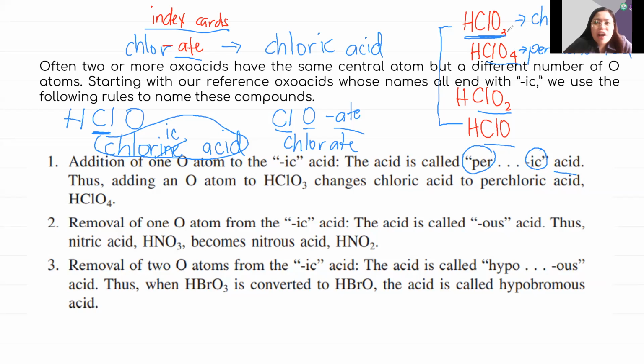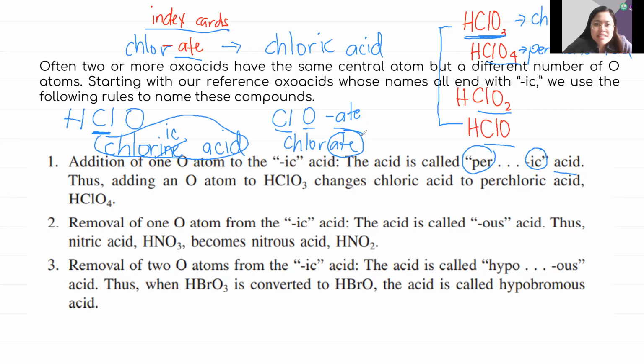So always start with the base acid. Hanapin nyo muna yung base acid natin. So paano malaman na siya ang base acid? Tingnan nyo, class, yung polyatomic ion. Like this one, ClO3, polyatomic ion yan siya. Hanapin nyo alin dyan yung pangalan niya nag-end sa ATE.